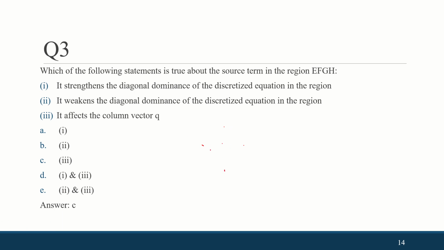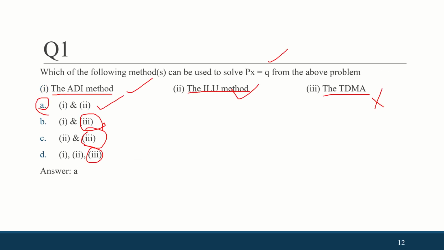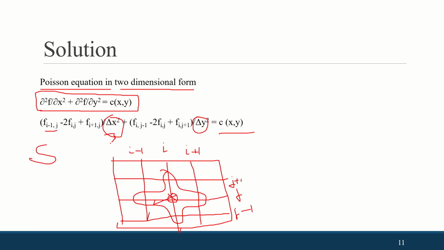I mean 4 points are considered for every equation, right? And we are using it as Px equals Q. In the previous slide itself we saw the Poisson equation, del square f by del x square plus del square f by del y square is equal to some variable. This is the discretized format. This is the source term, right?